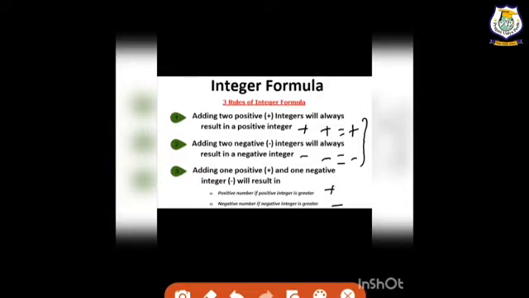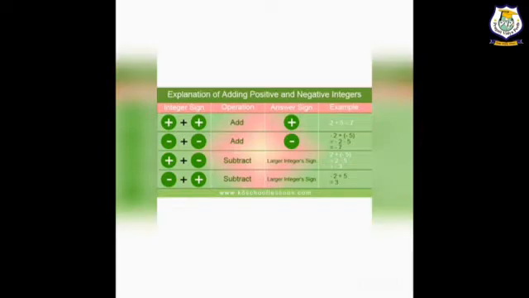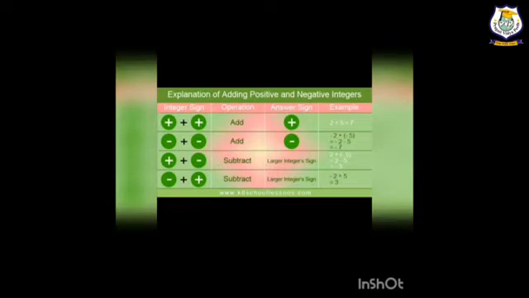Now you will learn more about these by doing some sums. I will tell you more about addition and subtraction. Here you can see a table in which the rules we have already discussed are listed.